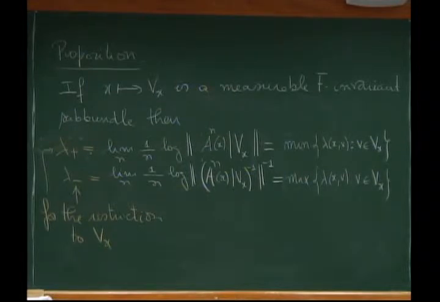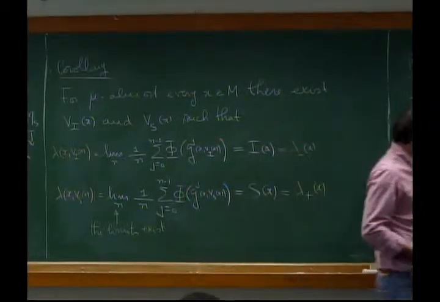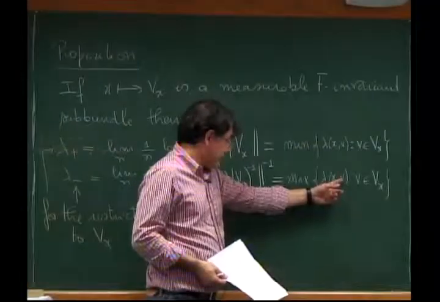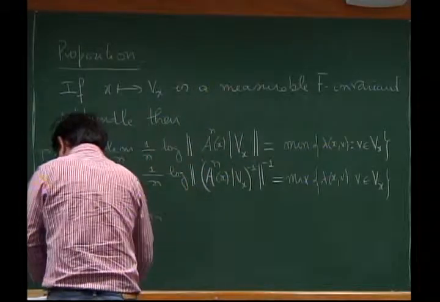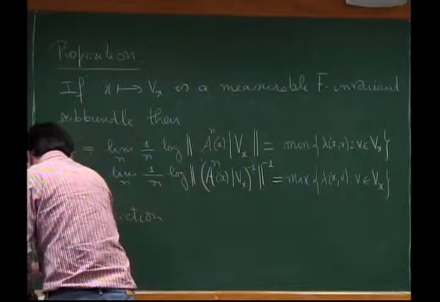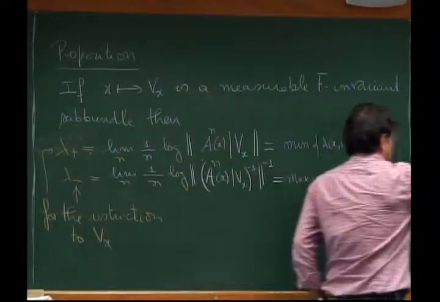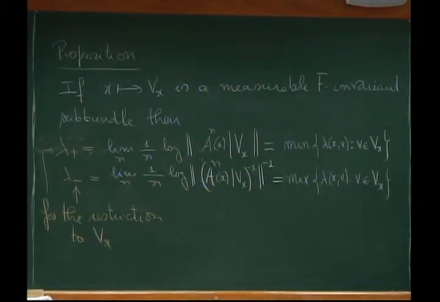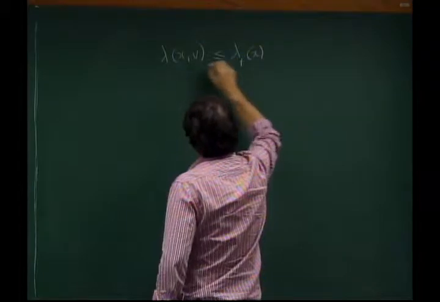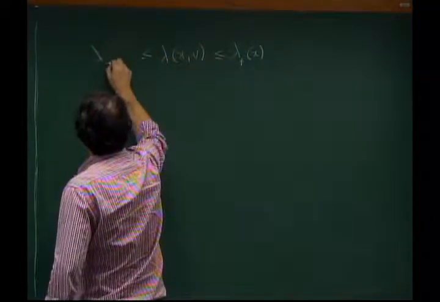There's really not anything that I have to do to prove this proposition because it's already here. The rate of growth of any vector is, this is obvious, less or equal than lambda plus and bigger or equal than lambda minus.